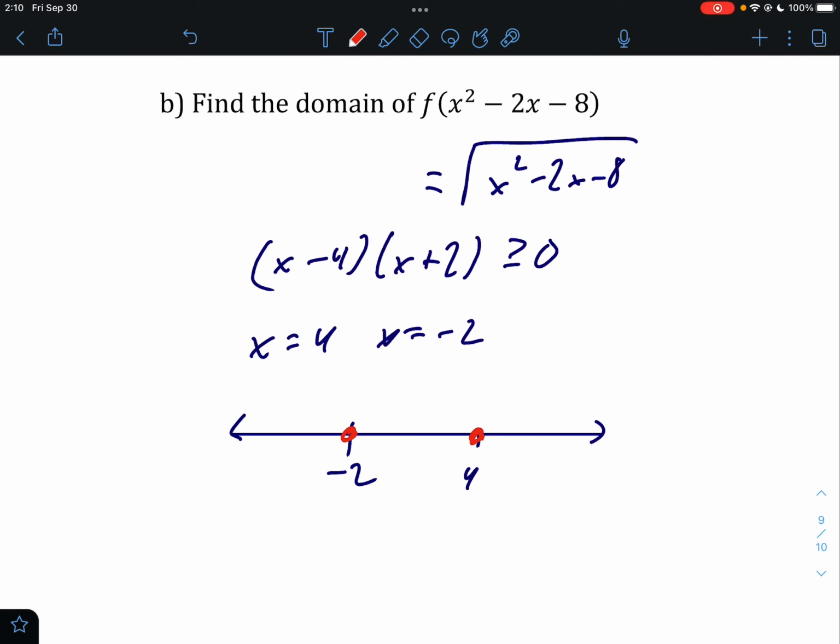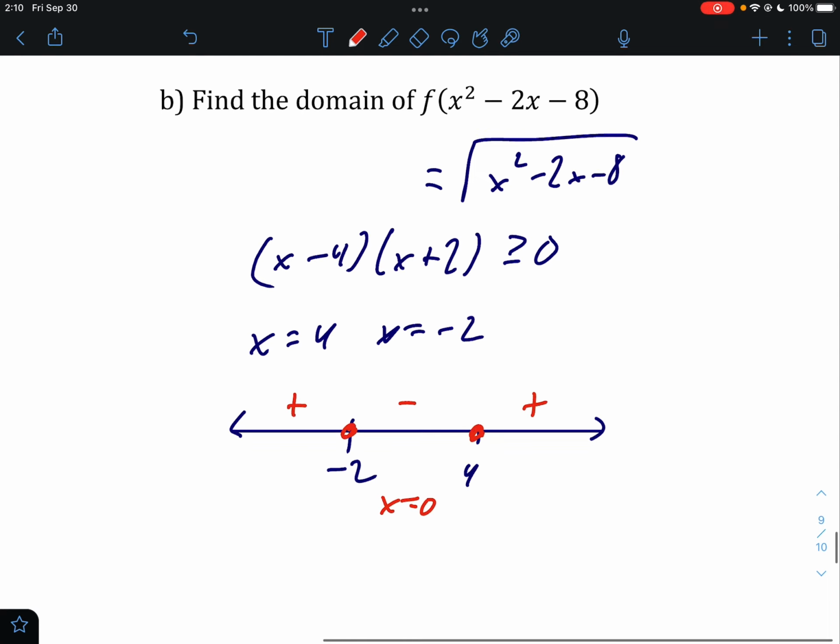Pick a test point in there, we would get -8 if we use x equals 0. Both of these are odd multiplicity, so we change signs over both of them. Right, and that would give us positive, negative, positive.